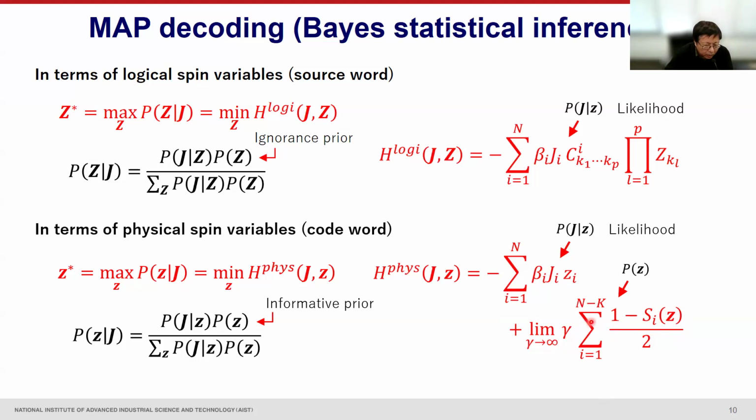And we should note that in deriving this Hamiltonian, we need to consider an informative prior for the physical state Z, which originates from the parity check constraints, as well as the knowledge of likelihood. As a result, we have an extra Hamiltonian that works as an energy gap protection, which approaches zero if Z is a code state.